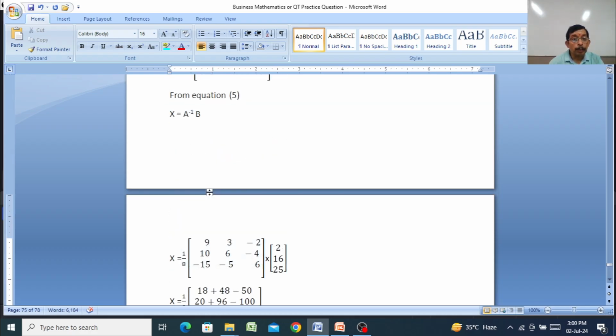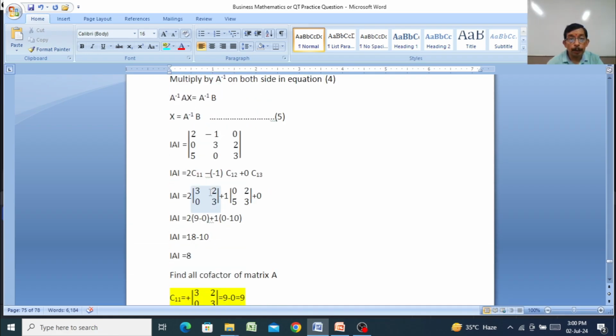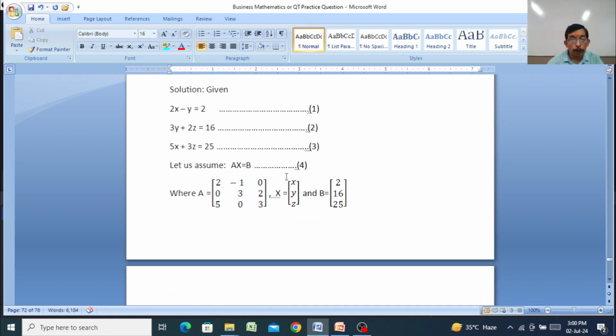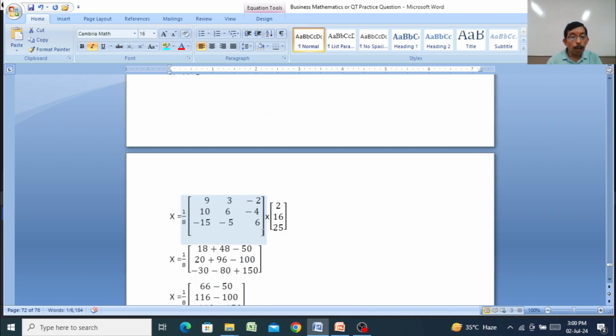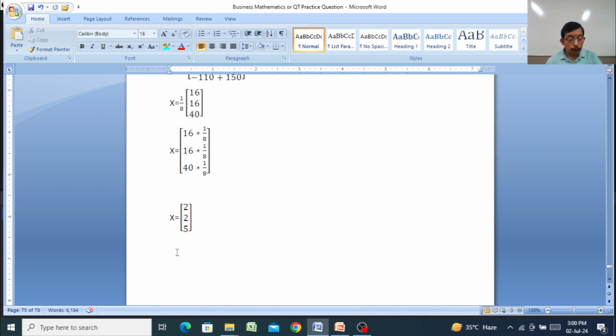Now the value of x is given, assume in the starting x is equal to, note down the value of matrix x and write down is equal to.